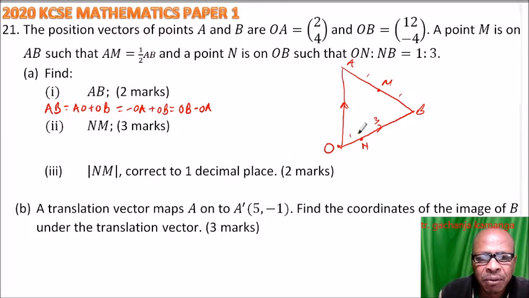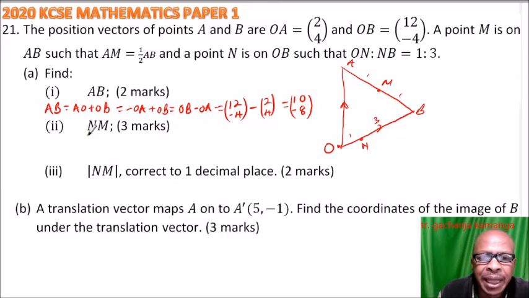But during the exam, when you are used to solving this kind of question, you don't need to write all this. So this is equal to OB, which is (12, -4), minus OA, which is (2, 4). When you are subtracting, we subtract the corresponding elements. So it is 12 minus 2, that gives us 10, and minus 4 minus 4 gives us minus 8. Therefore, that is our vector AB, (10, -8).